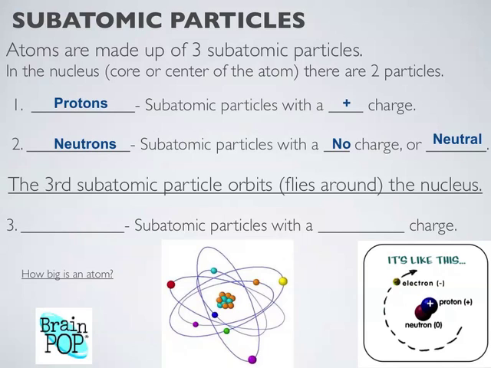So those are the two subatomic particles in the nucleus, all packed together very tightly, protons and neutrons. Then there's the other subatomic particle, the electron, which is orbiting around the nucleus in a way. An electron has a negative charge.